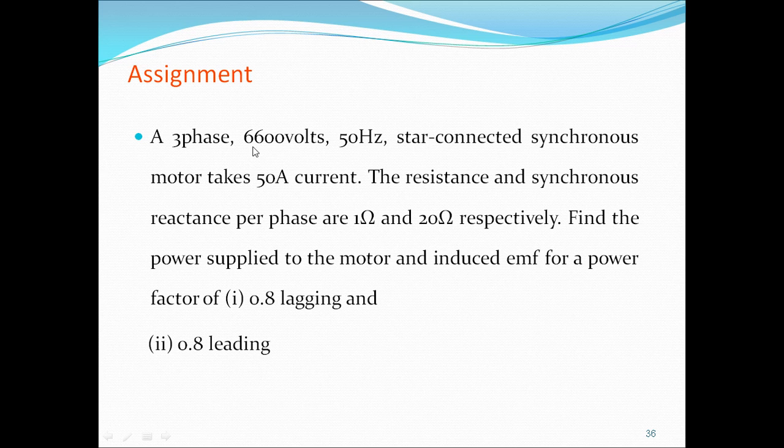Here also the same thing. What is given? A 6600 volts 50 Hz star. So convert this line value into phase value, that is Vph is equal to VL by root 3, that is 6600 by root 3. And the line current is given as 50 amps. So the line current and the phase current both are equal.